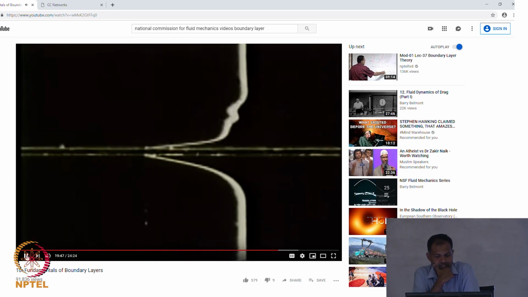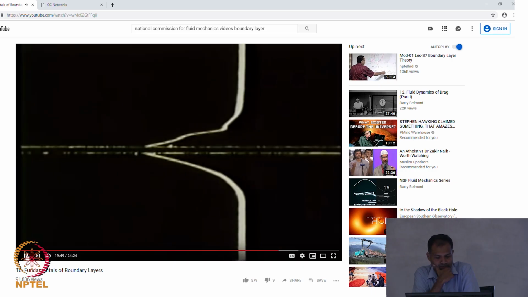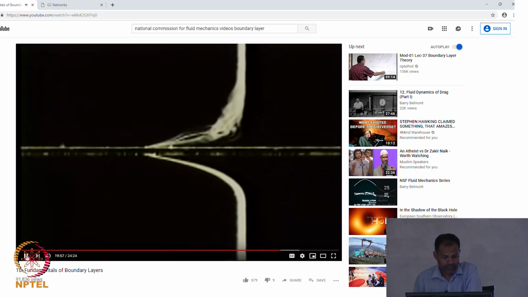Okay. But on an average it would look something like this. So, they will plot an average also. It is like images put on top of each other. So, they are going to put all the images of the turbulent flow together. Then you can see that there is a nice average.